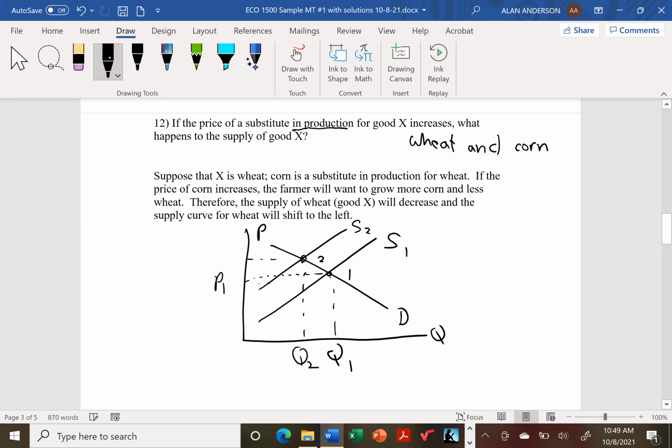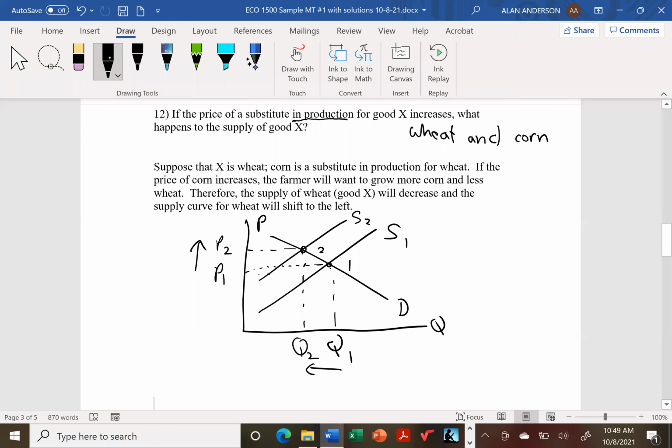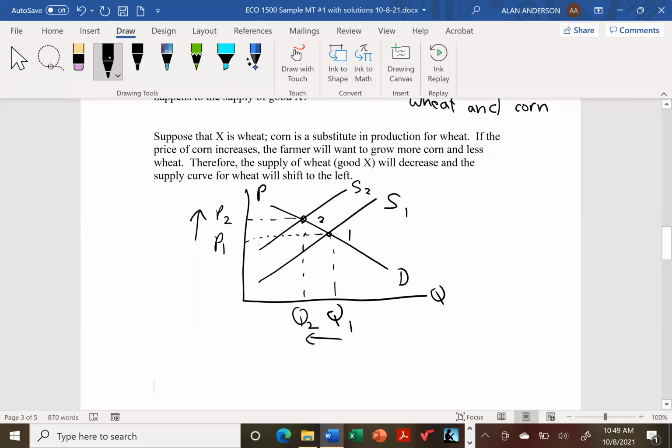Q1 and P2. All right, so this time the price went up, but the quantity went down. So in other words, we can still have wheat, but less is available, and therefore the price is higher. So the result is that the equilibrium price rises while the equilibrium quantity falls.